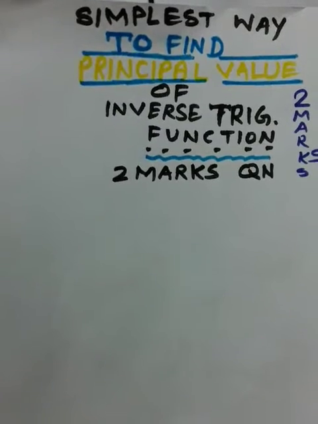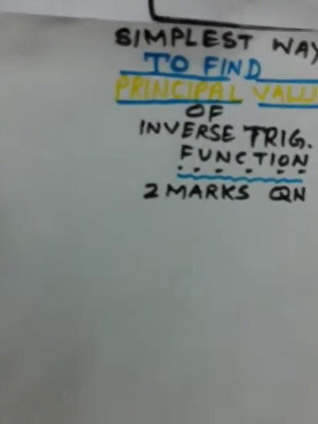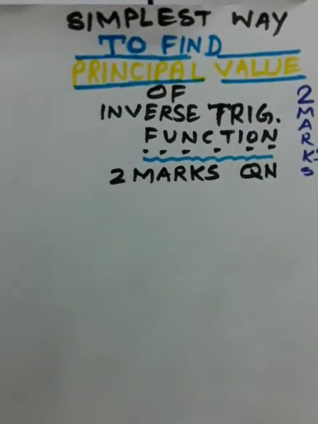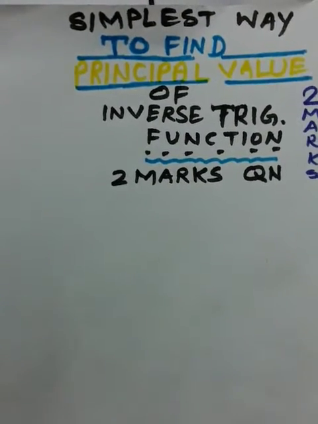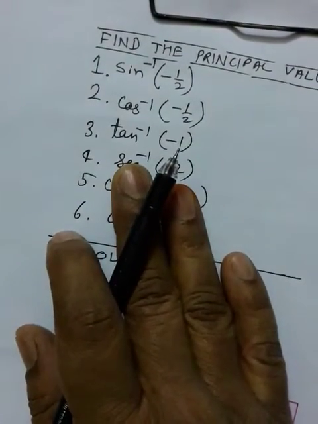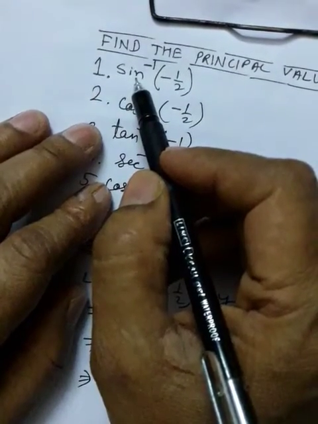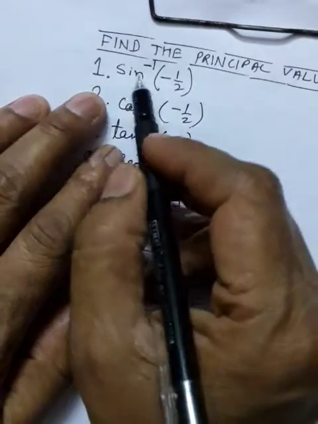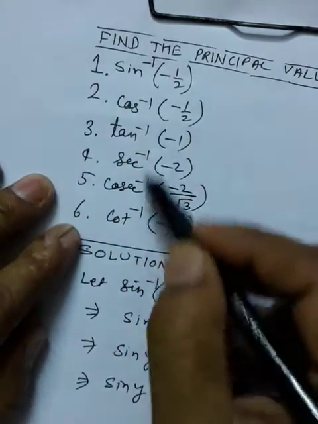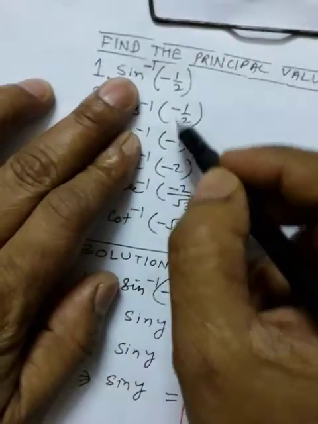Today we are going to learn how to find the principal value for inverse trigonometric functions when we are having this type of questions. See, in the previous video we have studied about all these 6 trigonometric functions, but these values were positive.